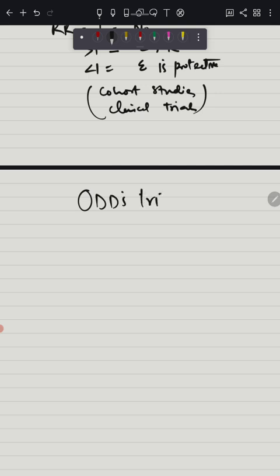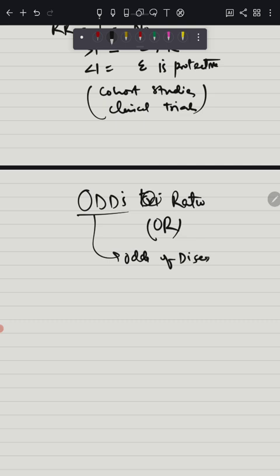Odds ratio, OR, means the odds of disease in the exposed group versus the odds in the unexposed.